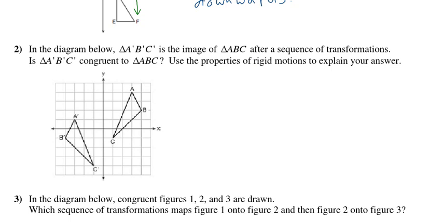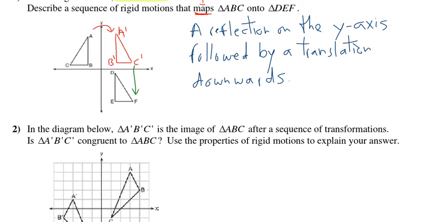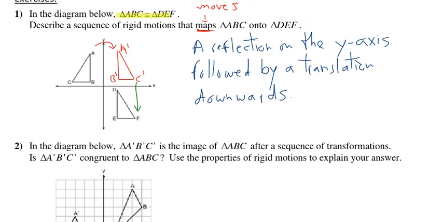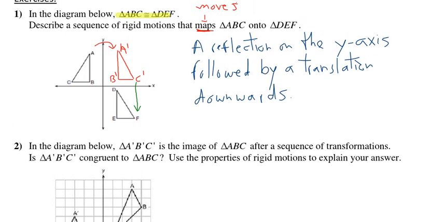So compare the two questions here. They are very different. In number 1, they're already telling you that the figures are congruent. Here, they are not telling you that. They're actually asking you if the figures are congruent or not. So in number 1, because the figures are already congruent, we know that there should be rigid motions.